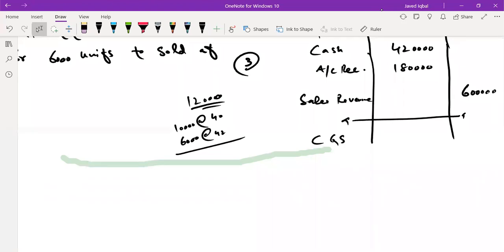So this 10,000 will come in completely, and then you will have to use 2,000 whose cost was 42.